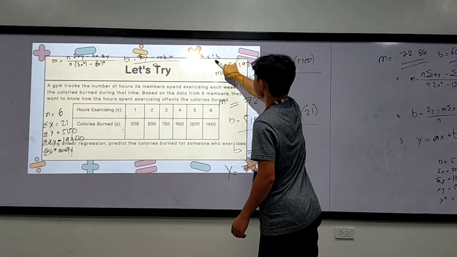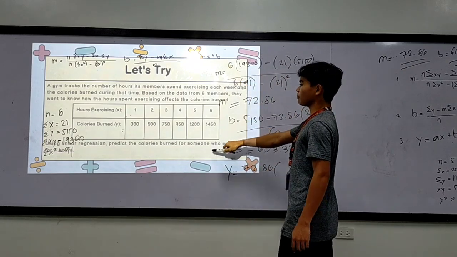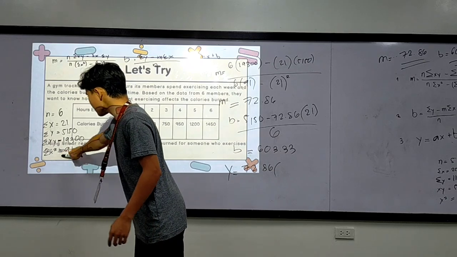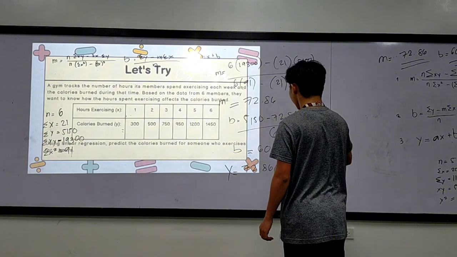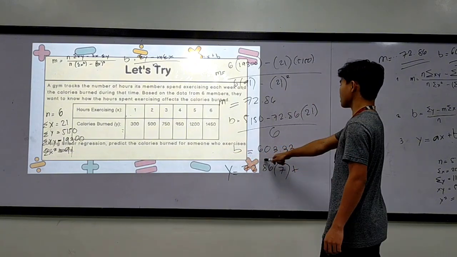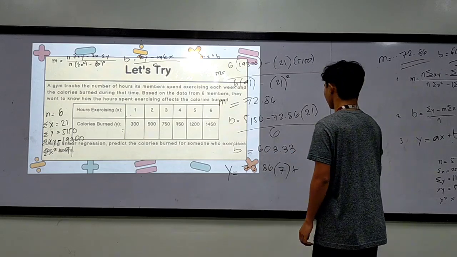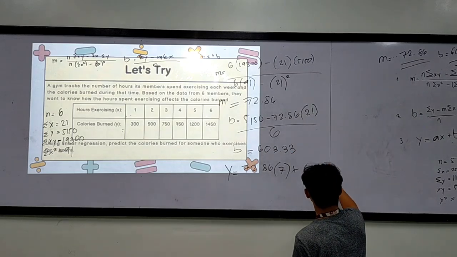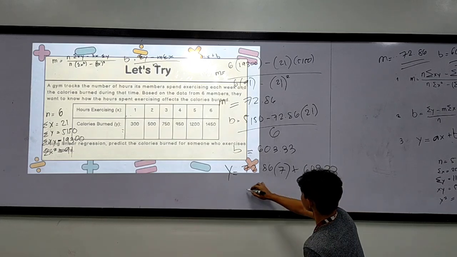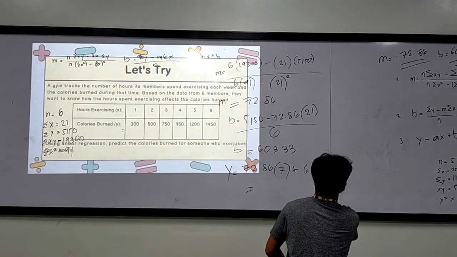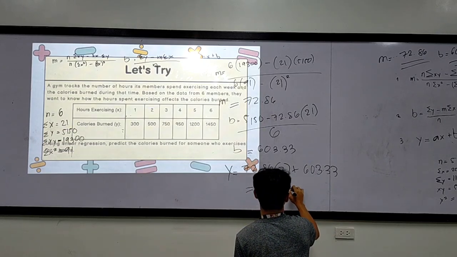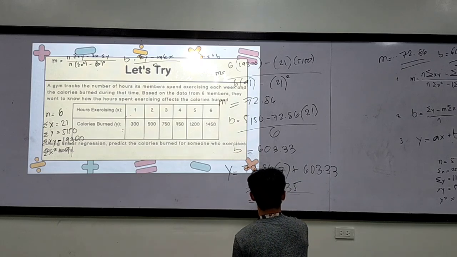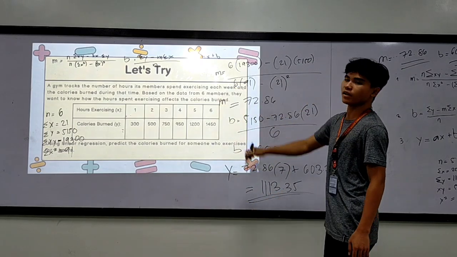The x is the independent variable, so it is 7. So 72.86 times 7 plus b, which is 63.33. So the answer for this one is 1113.35. So this is the answer for problem number 5.